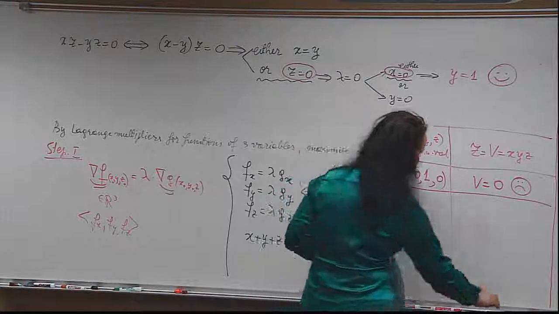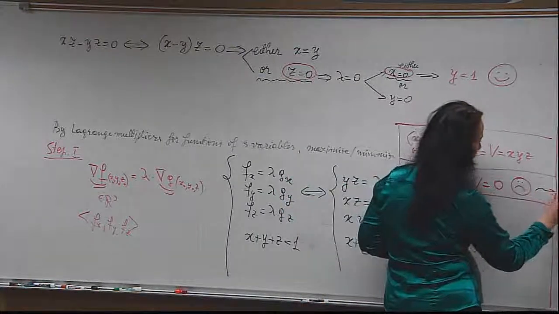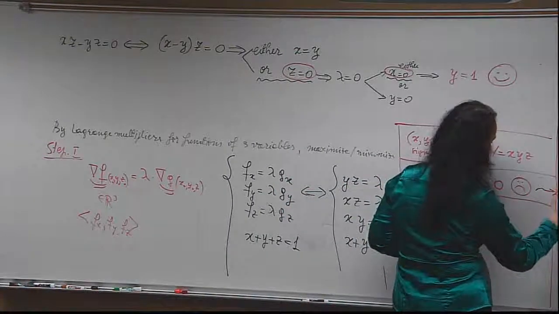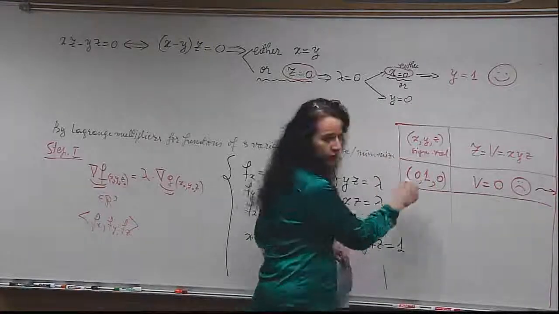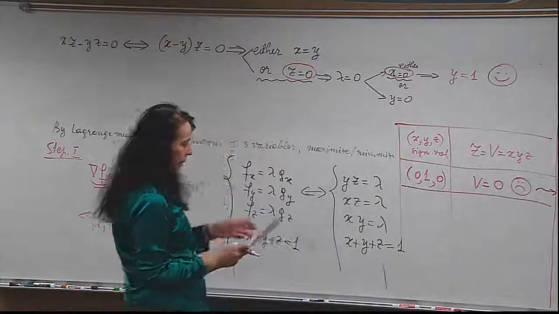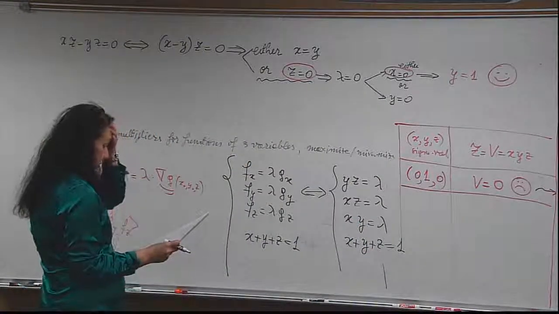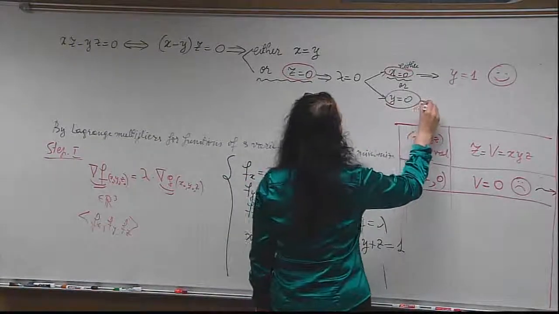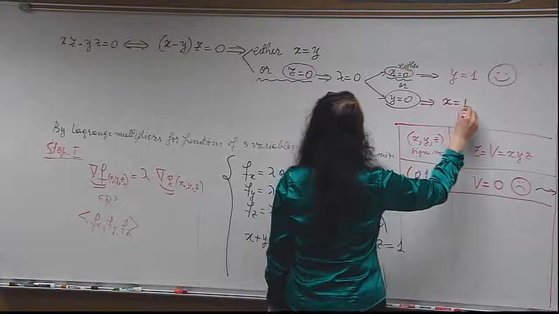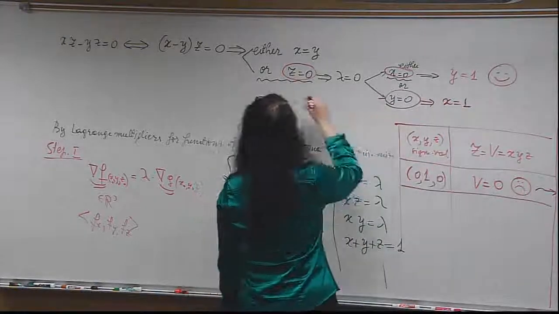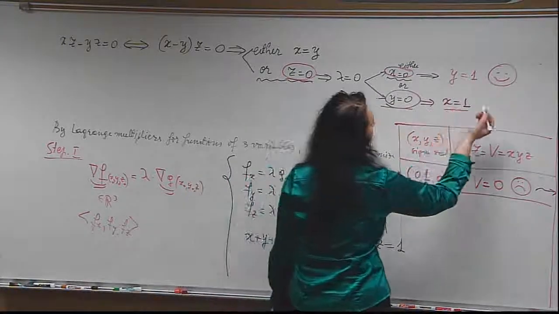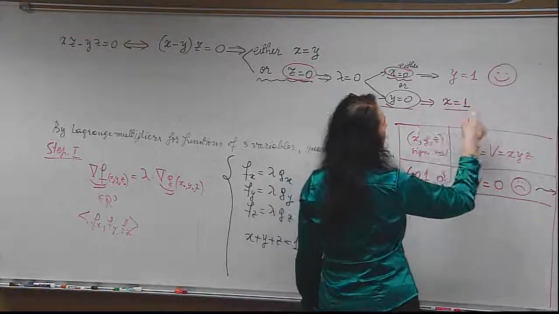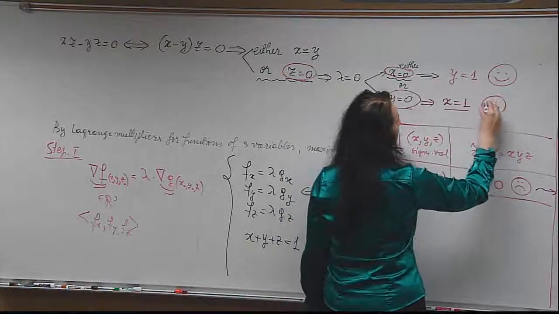So what do I expect you to say in the exam? I have the absolute minimum, at one of the points. I'm going to have more points where I have the minimum. Okay, the other case. I don't want to get distracted. Y is 0, so I get x equals 1. Are you guys with me? From here and here and here, I get x equals 1 because the sum of all three of them will be again 1.